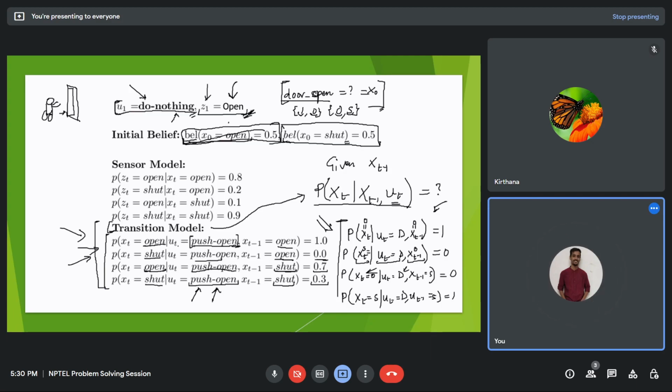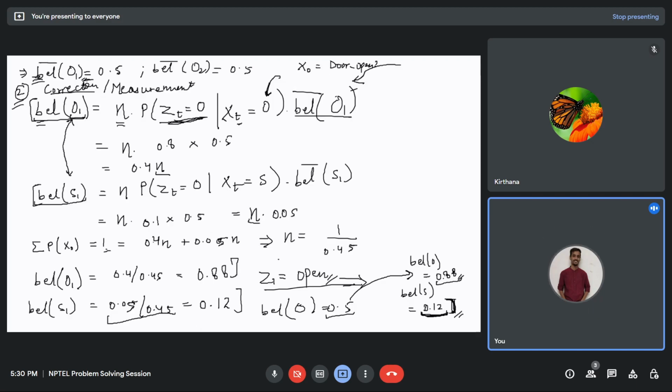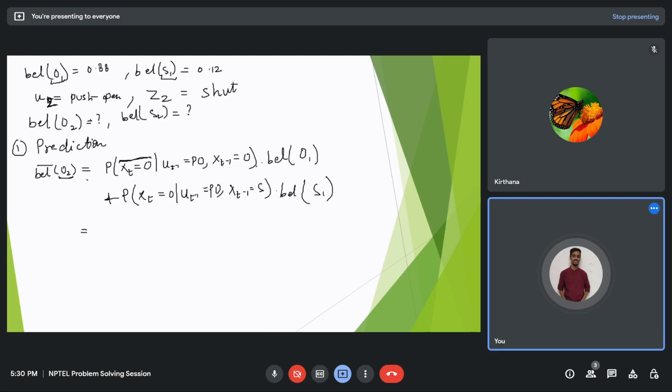So we want this and this, right? 1 and 0.7. The probability that the door is open when you have pushed and it was open before is 1. Your belief that the door is open right now is 0.88, plus the probability that the door will be open when you have pushed to check, if it was closed before, which is given as 0.7.